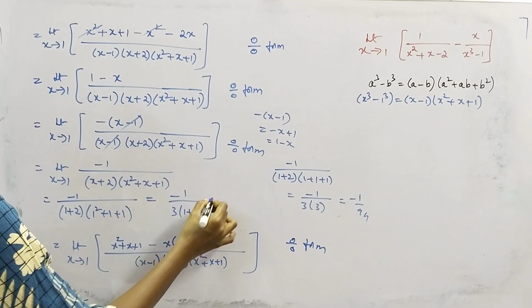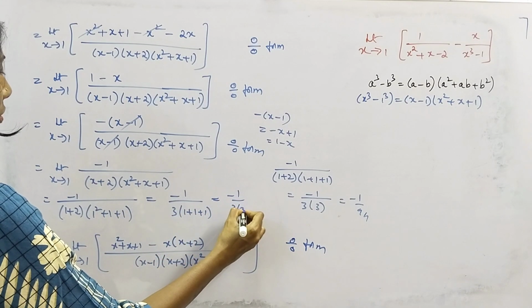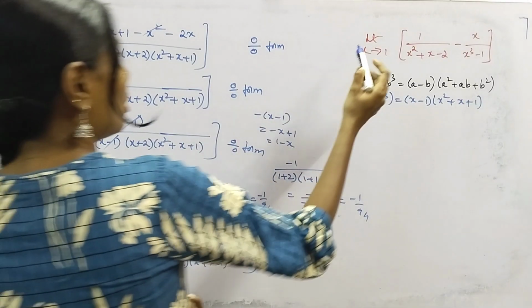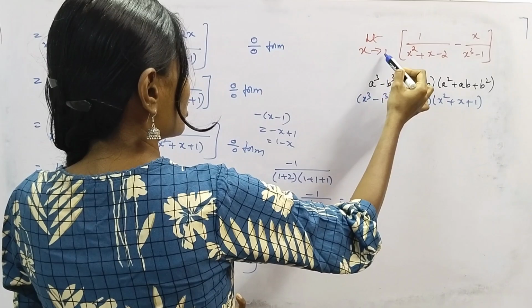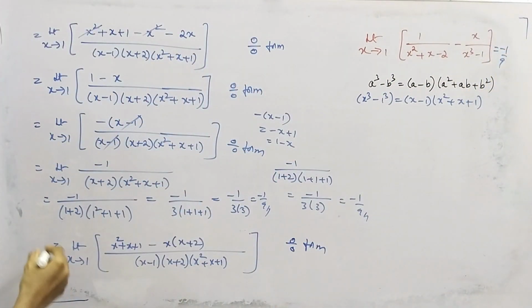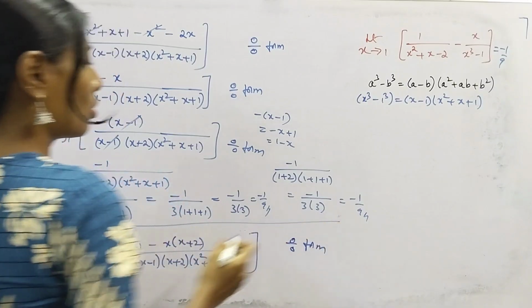Or you can write one more step, there is nothing wrong in it, just minus 1 by 9. So therefore the limit of this expression as x tends to 1 is minus 1 by 9. Okay, this completes the problem.